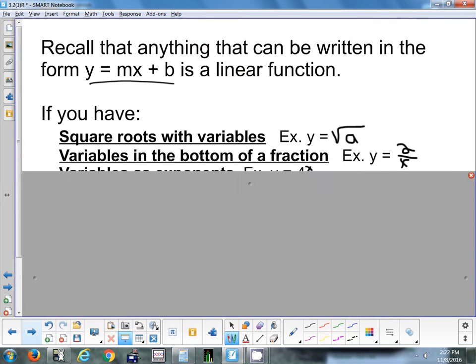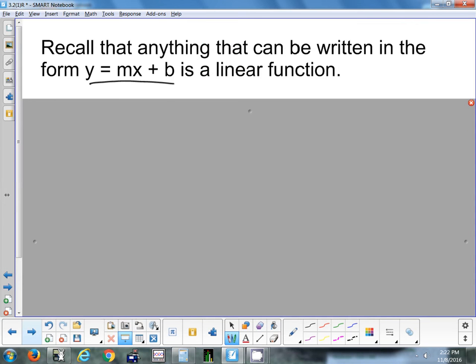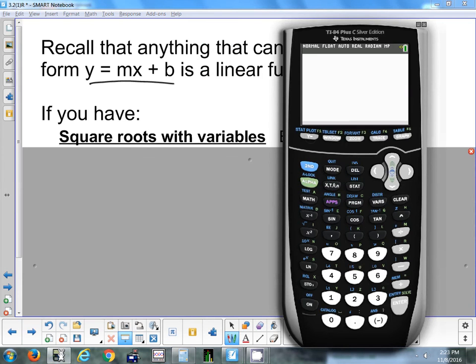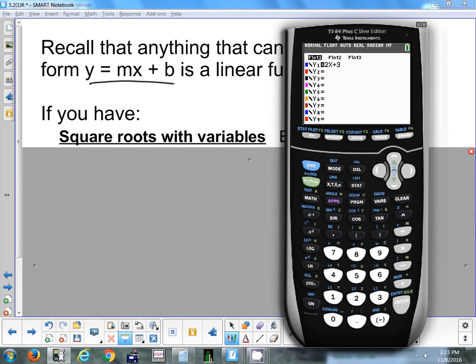Okay, so I'm going to show you things that are not lines, and maybe I'll show you one of them on the calculator just to see it. Square roots. Things with square roots are not lines.